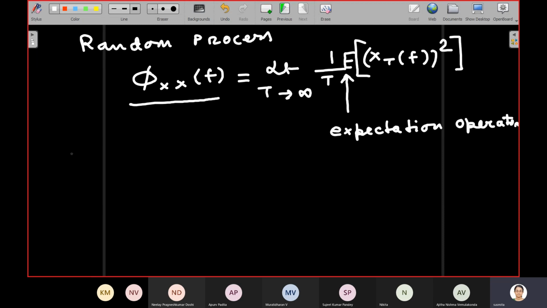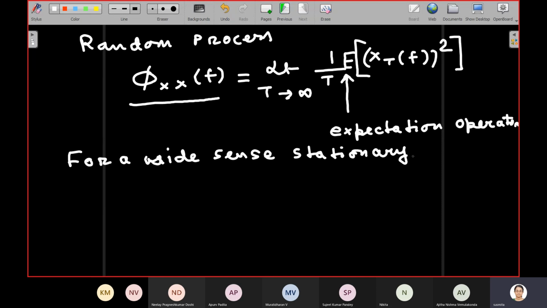Now for a wide sense stationary process, we know that the autocorrelation is actually a function of the difference in the two time instants.